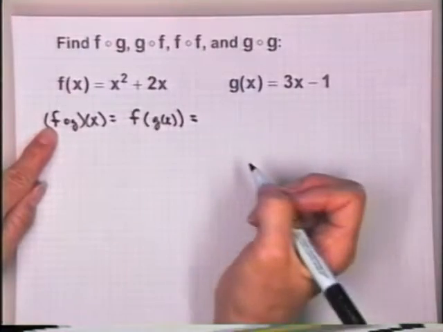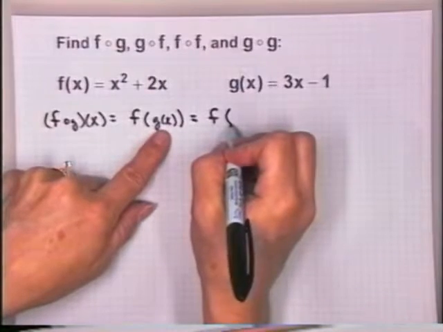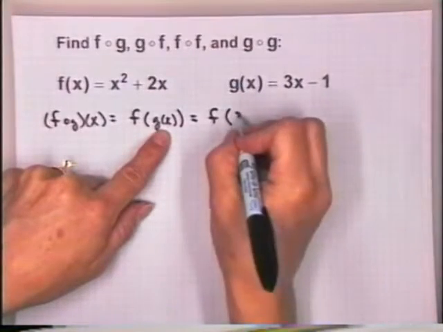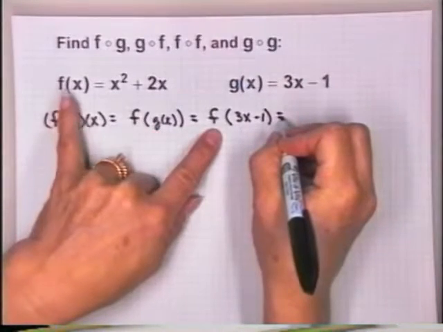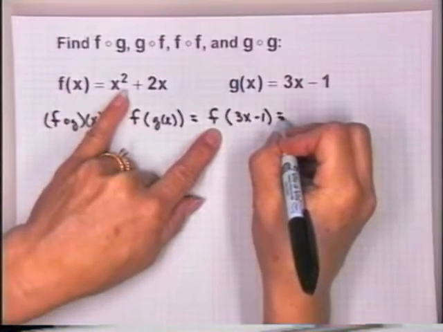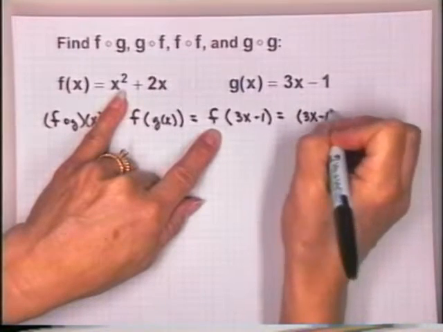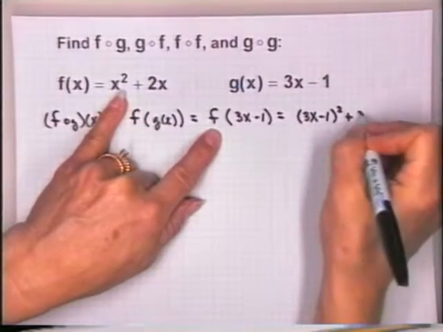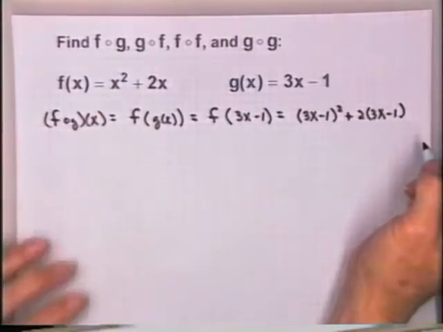Now, what do I replace first? This inside function, don't I? So f of, what goes in place of g of x? 3x minus 1 does, doesn't it? Okay, now this tells me to look at function f right up here and replace our x with 3x minus 1. So I'll have (3x minus 1) squared plus 2 times (3x minus 1). Now let's simplify.